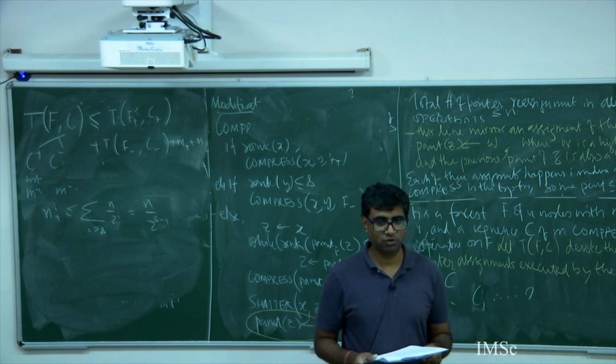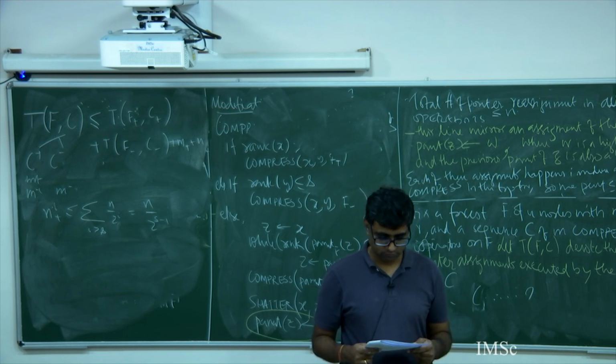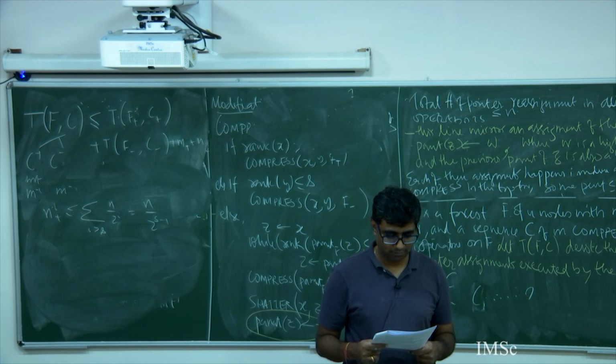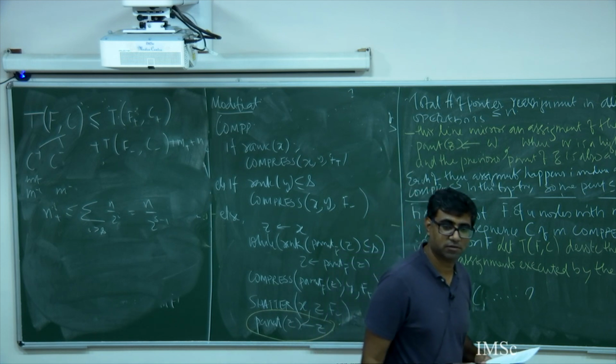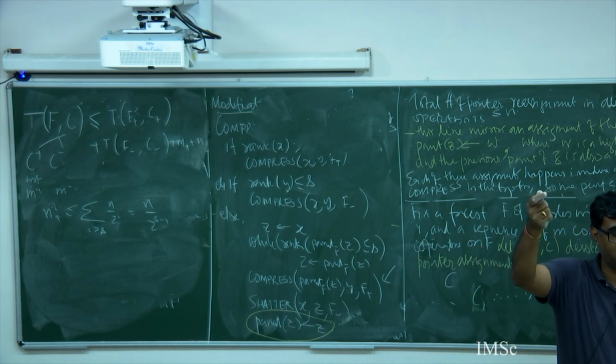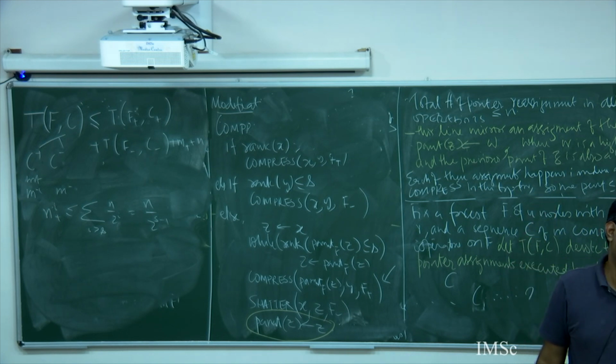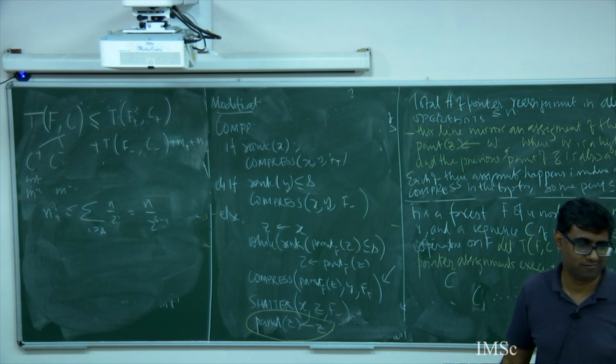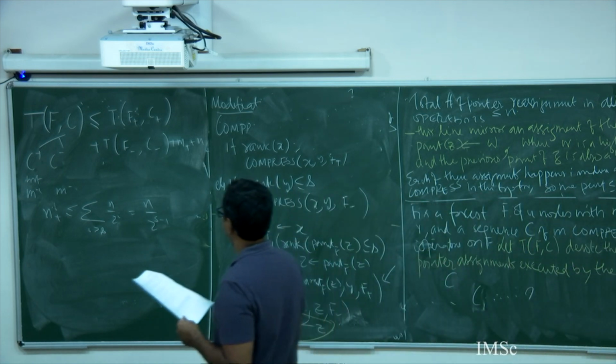Each node has a rank at most R. So now you tell me how many distinct ranks are there in F plus? Because I could just think of them and reassign these guys a rank. R minus S, which is like at most R, right?